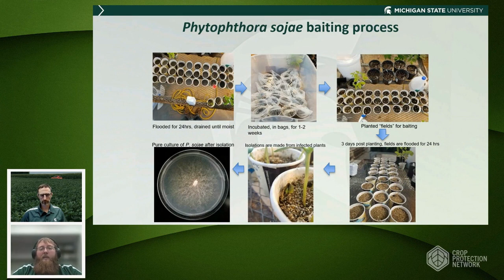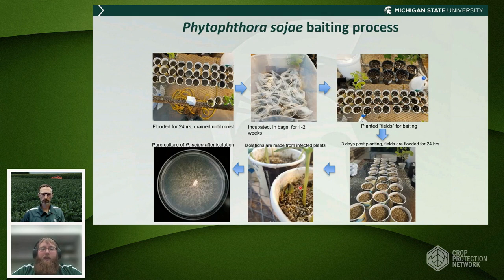We then bag them for a couple weeks to allow for that humid and moist soil condition to continue, which allows the oospores from Phytophthora sojae to start germinating and primed for infection. We then planted those soil samples with a variety of soybean that is just completely susceptible. There's no resistance gene in its genome. And we use those plants to bait out the pathogen.